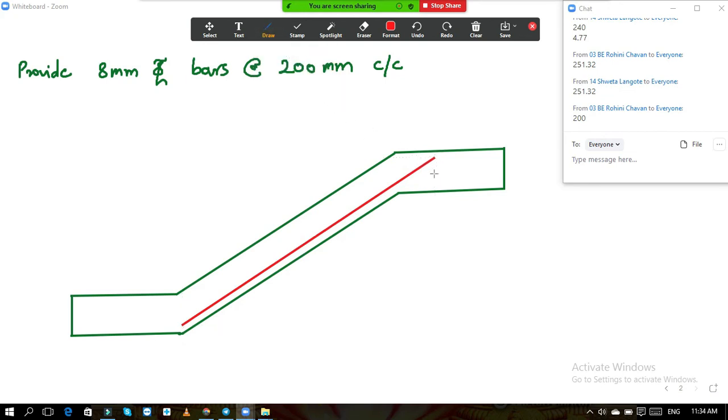From this point, it will move somewhere here, and now it will come up to this point. And on this side also, it will move up to here.